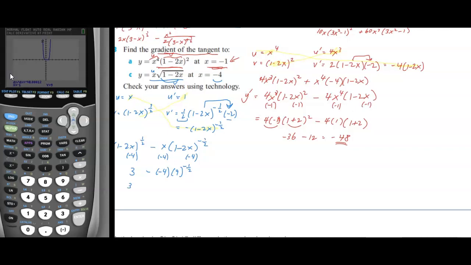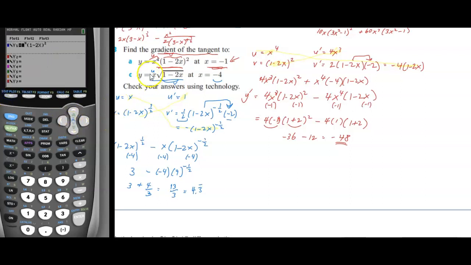So that would give us 3 plus 4, and then 9 to the 1/2 power is 3. 3 to the negative 1 is 3 in the bottom. So 3 plus 4/3 is equal to 13/3. Okay, which is equal to 4.3 repeating.